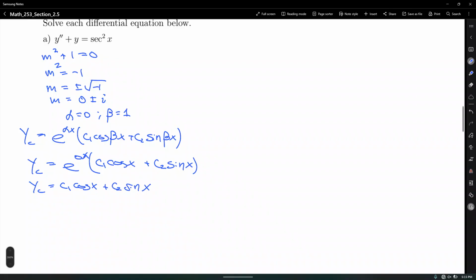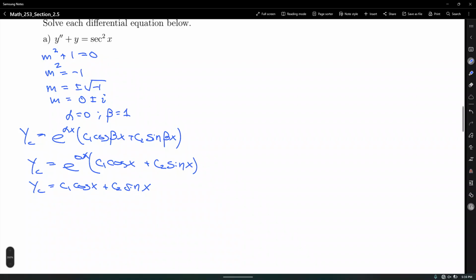That is what we need, this complementary solution, because from here we will determine what y1 and y2 are, because for variation of parameters we need to compute the Wronskian. Well, the Wronskian is formed with the first row, which is the set of fundamental solutions, and their derivatives depending on the order.